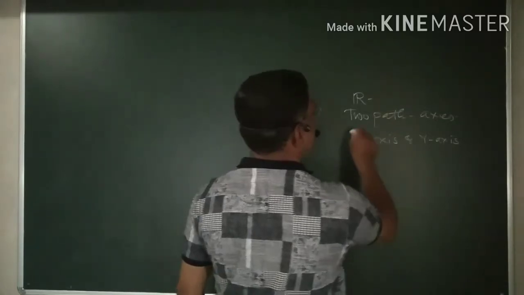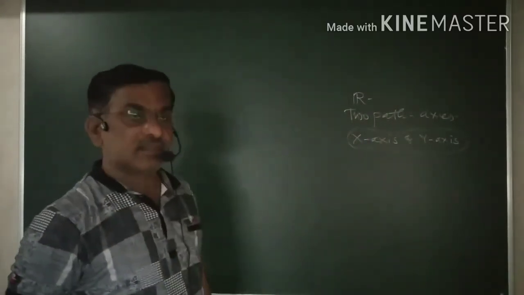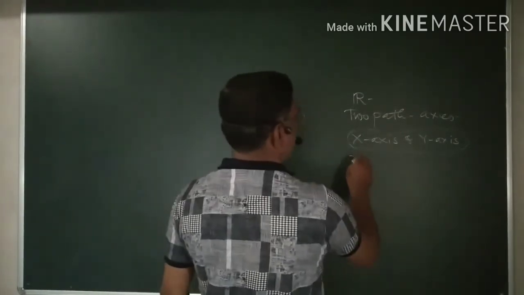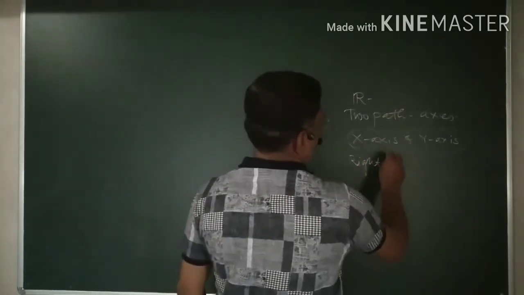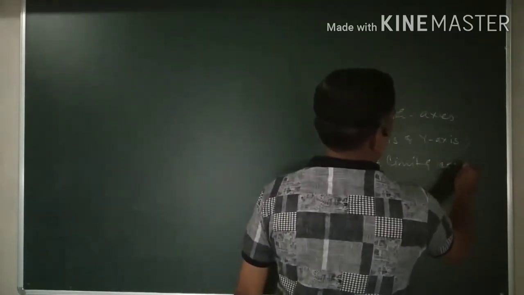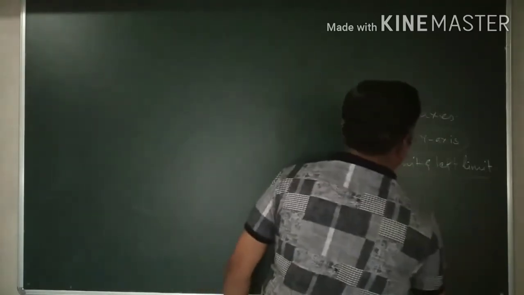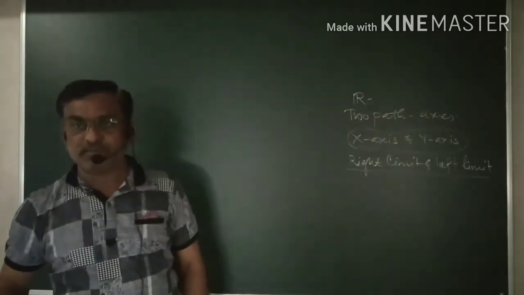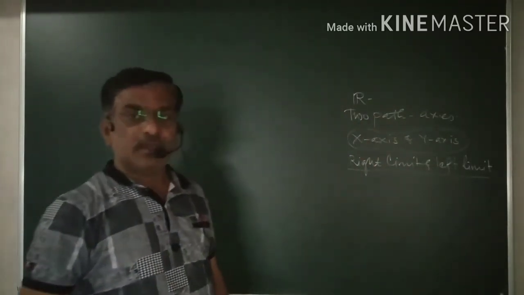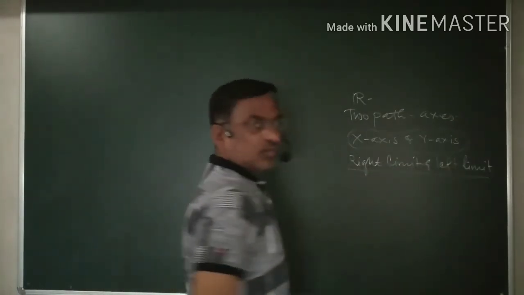In first year BSc we do not use the x-axis and y-axis; these are replaced by the right limit and the left limit. This we know. And we know that the limit of a function exists if and only if the right limit is equal to the left limit.